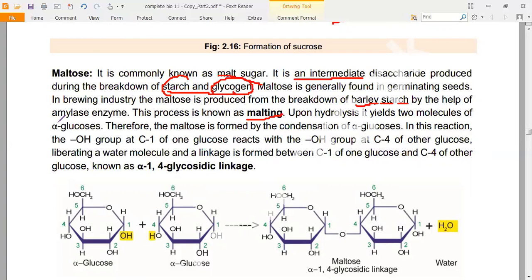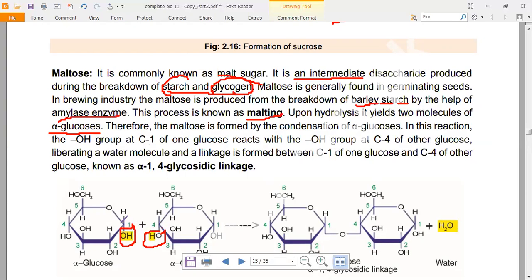And by the enzyme amylase, because we know that carbohydrate is broken down by the enzyme amylase, it yields two molecules of alpha glucose. Alpha glucose, as I have told you before, is the one in which the hydroxyl group is present below the orientation at carbon number 1.